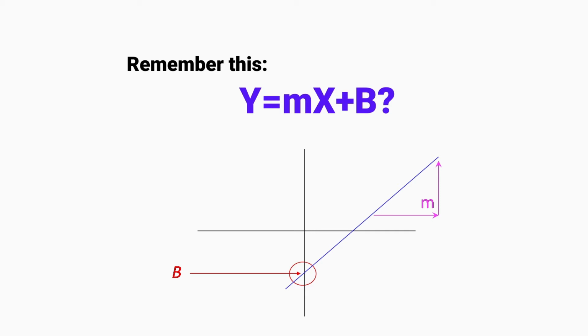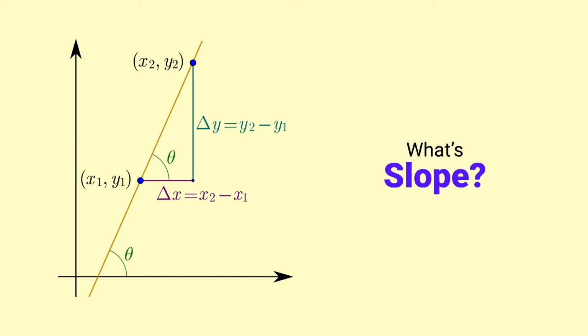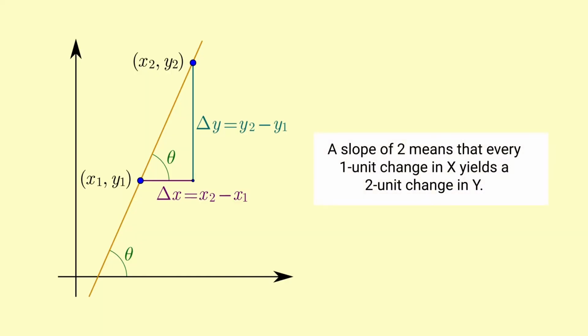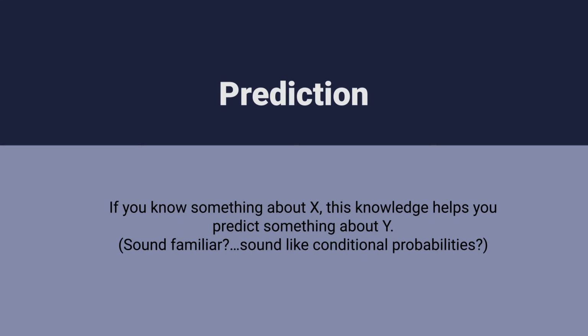If you see this particular image, y equals mx plus b is called an equation. A slope of 2 means that every 1 unit change in x yields a 2 unit change in y. This is called a slope, and when you talk more about prediction, if you know something about x, this knowledge helps you predict something about y. Sounds familiar, like conditional probabilities.